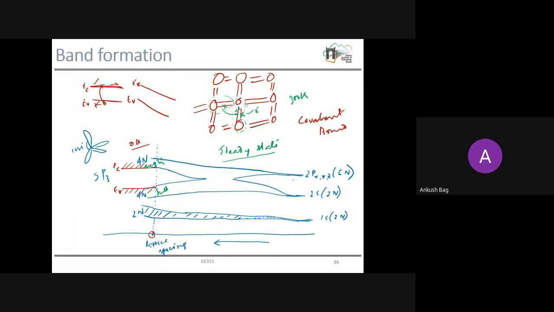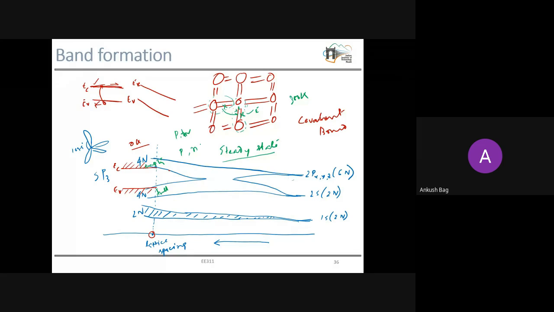Now with just this simple generation and recombination, you can get carriers, but you cannot control the number of electrons and number of holes, because to fabricate any device, you sometimes need predominantly P-type behavior, where you have majority carrier holes, and sometimes N-type behavior, where you have majority carrier electrons.